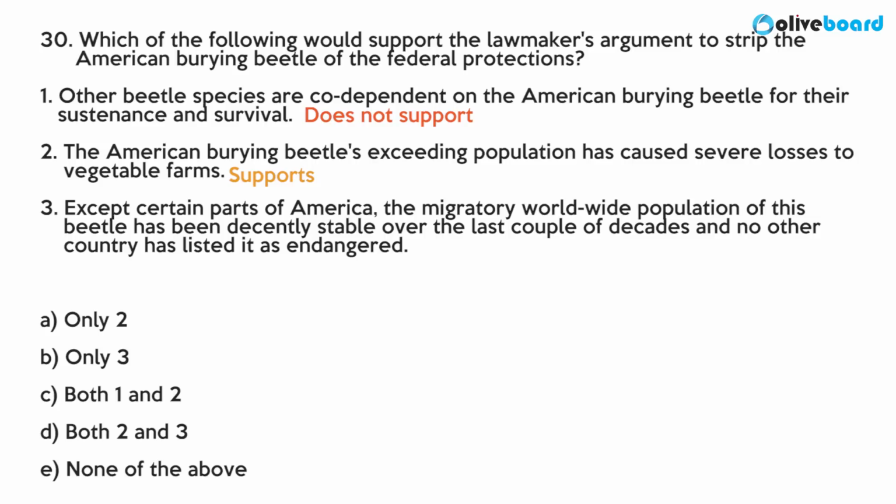Third one: except certain parts of America, the migratory worldwide population of this beetle has been decently stable. Again, they are giving that they do not need the protections, because in the second they told that their population is much better now, and in the third they told that other than America, it's not having that kind of problem, so we do not need the protection. So the answer would be 2 and 3. That is your option number D.